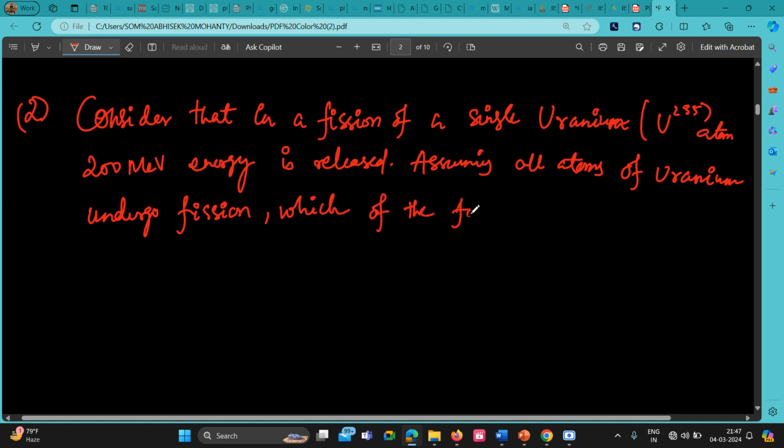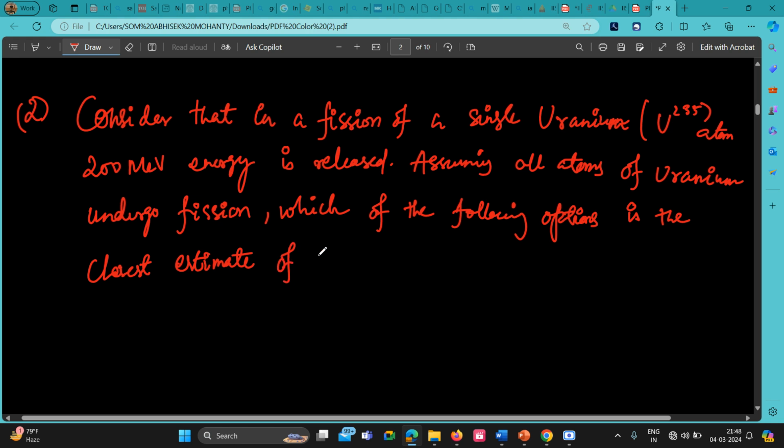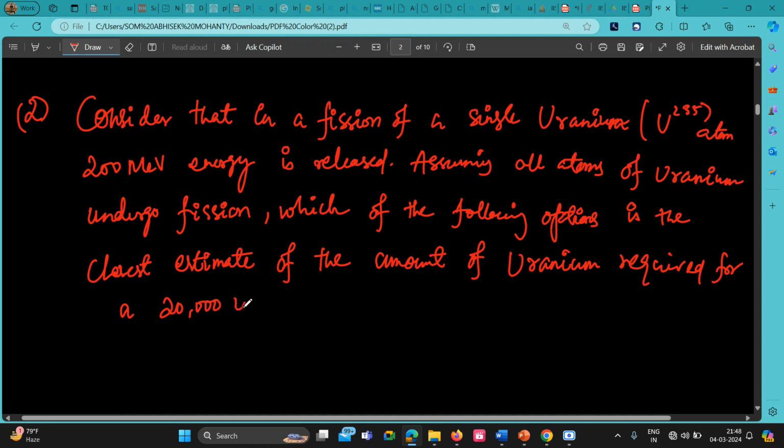Which of the following options is the closest estimate of the amount of uranium required for a 20,000 units of TNT explosion?